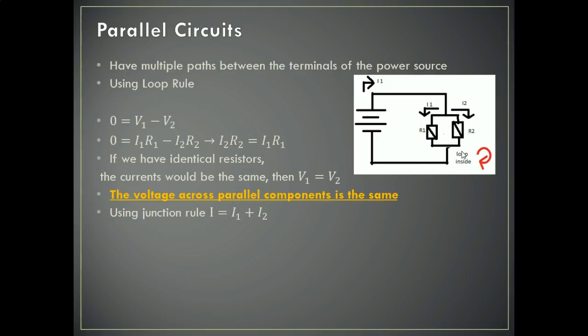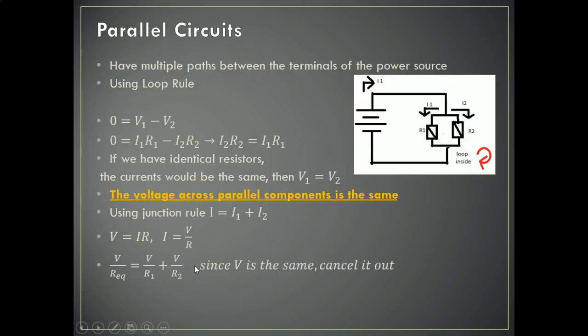And so we have the same scenario, two resistors with equal resistance. And again, V equals IR, and so now we want to solve for I, which is V over R. So now that we have V over R, now we replace every I in here with that V over R. So V over REQ, which is equivalent resistance.